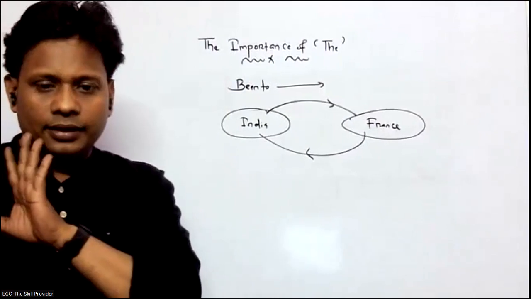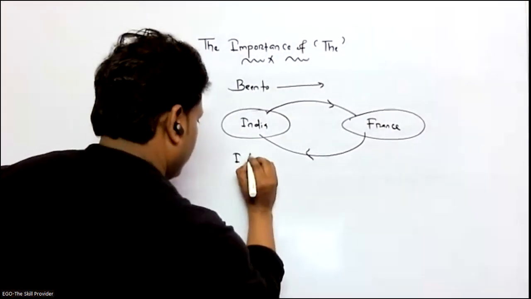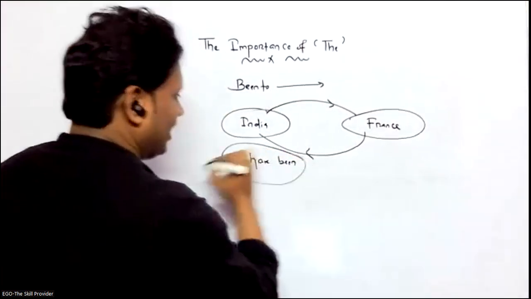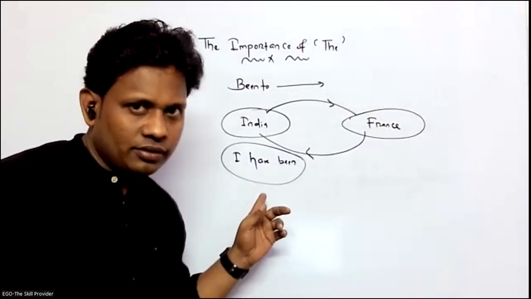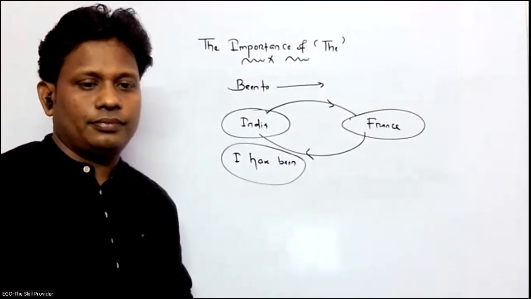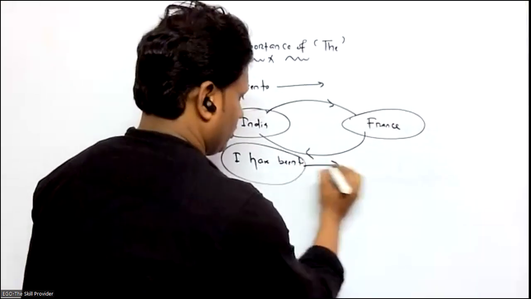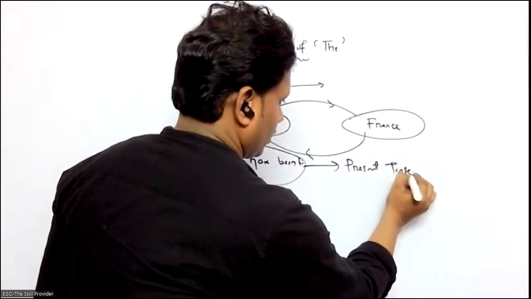So it is clear. But the question is, "I have been." At a tense, "I have been." Is it past tense or present tense? Just the present tense. It is the present tense.